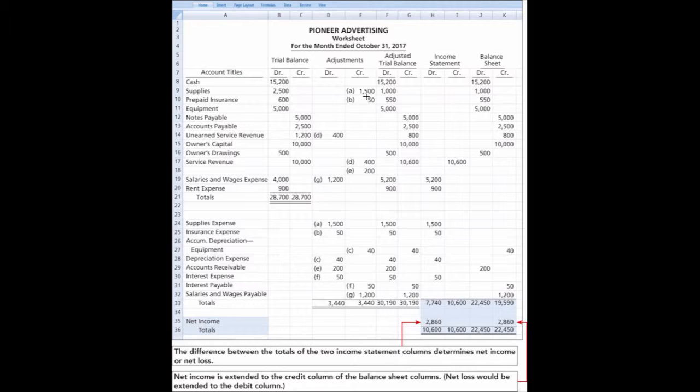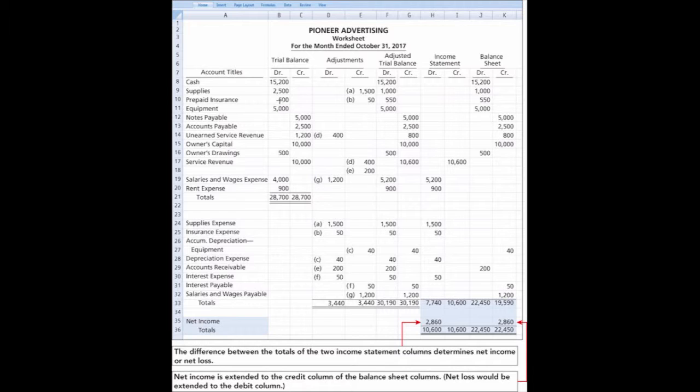Another way to explain this to you, like in your homework assignment, they gave you a total of supplies for $2,500, but at the end of the month, you only had supplies on hand equaling $1,500. That means that you had to make an adjustment.